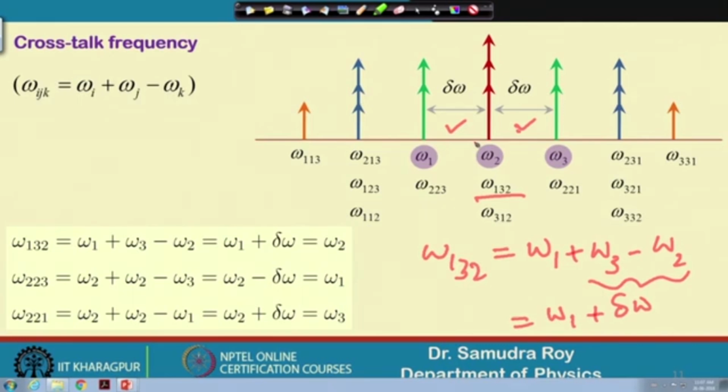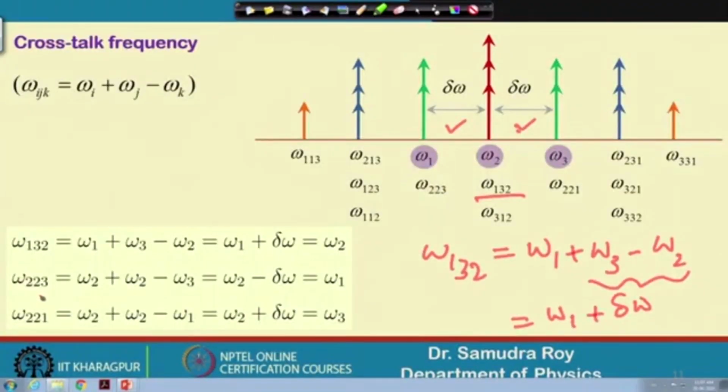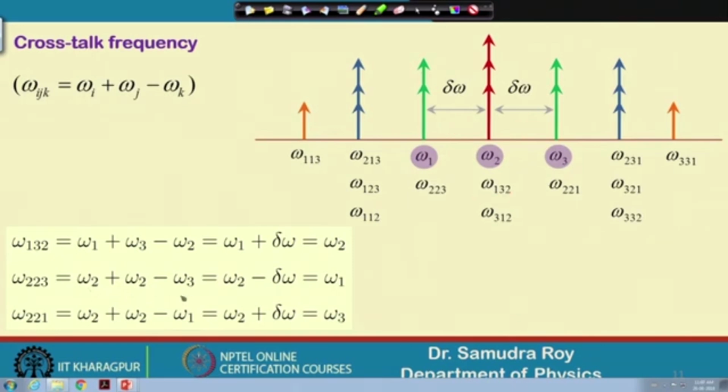You can do this for all other frequencies by yourself. Here a few examples are shown. For example, omega 223 is omega 2 plus omega 2 minus omega 3. Omega 2 minus omega 3 is minus delta omega, and it is subtracted from omega 2. So essentially it leads to a frequency omega 1, so it will fall on omega 1.